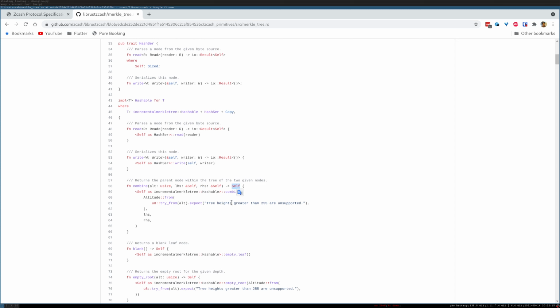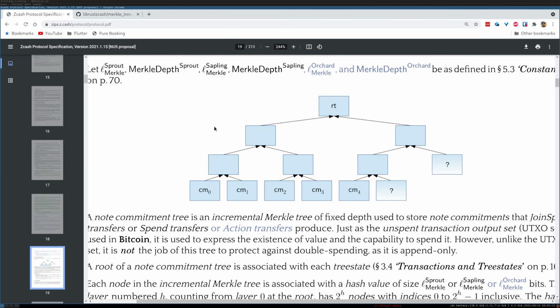Right. So as we see, the commitment tree is really only information about CM4, and the guys that make the CM4 Merkle path. And the reason why we don't need anything on CM0, CM1, CM2, CM3, is because this Merkle tree is incremental.